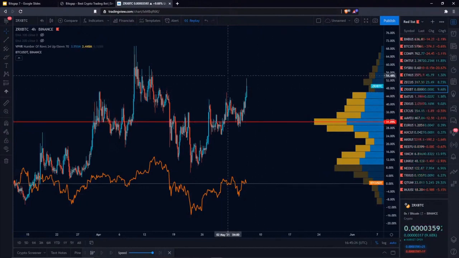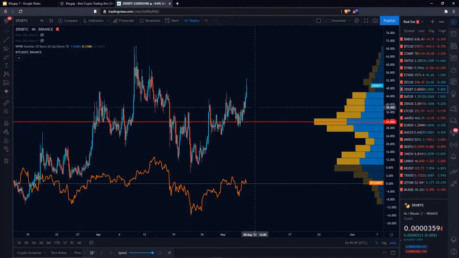Okay, so there are different techniques that you can use to rationalize your trading strategies. For me, I use the volume profile, resistance and support lines.